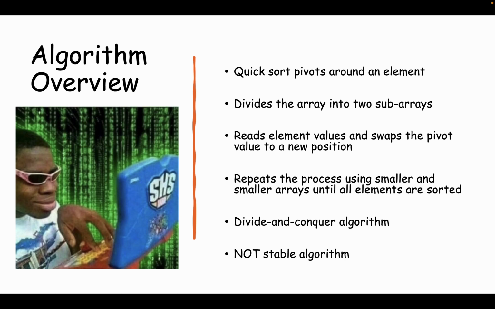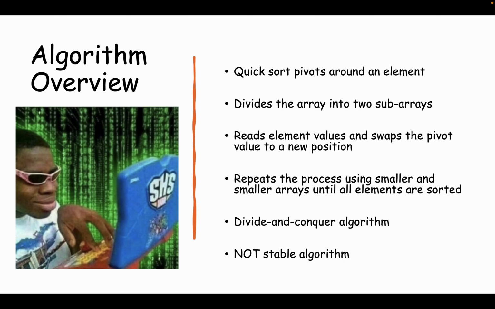A quicksort algorithm pivots around an element that it arbitrarily chooses, and it divides the array based on this element into two subarrays. After this, it reads the element value and swaps the pivot value to a new position, and it repeats the process using smaller and smaller arrays until all elements are sorted.